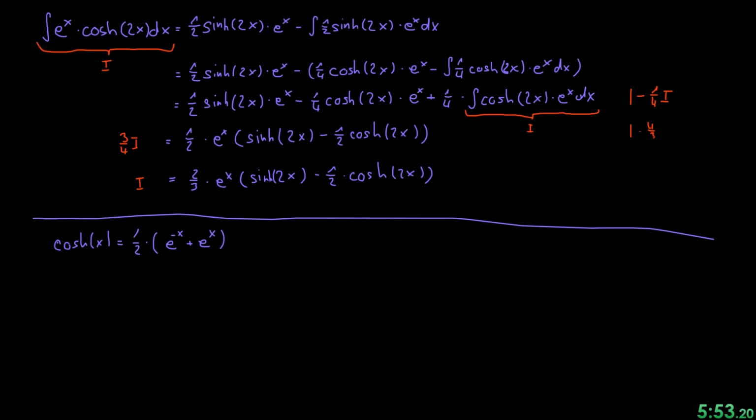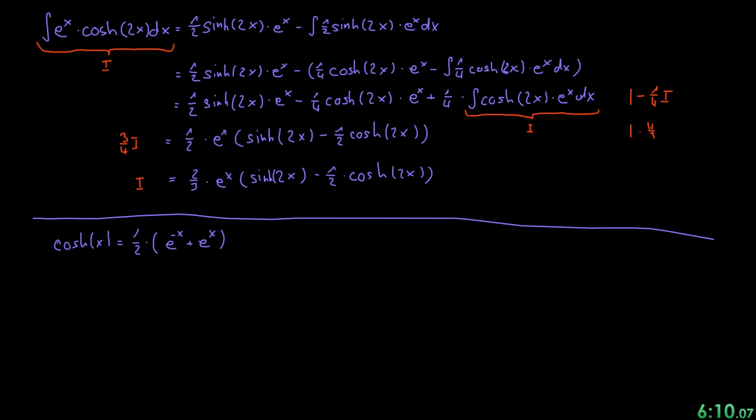Alright, if we have a constant factor in front of the x, the constant factor will just appear in the exponents of the exponential function. So in our case, this will be 2.